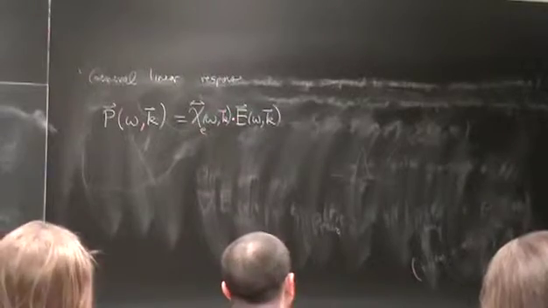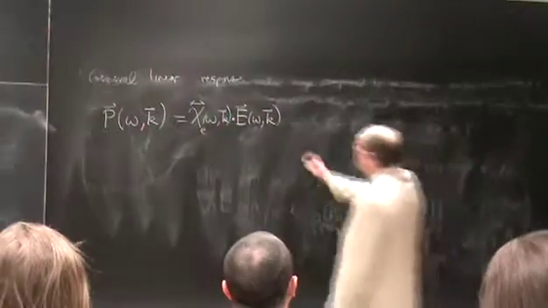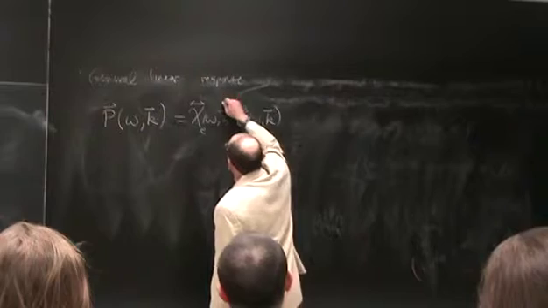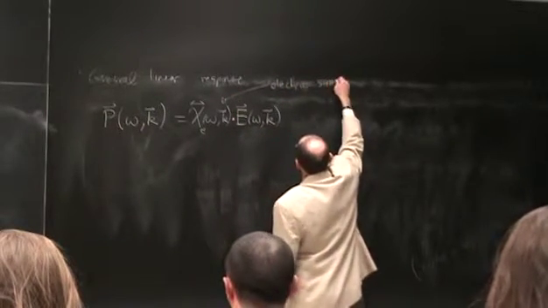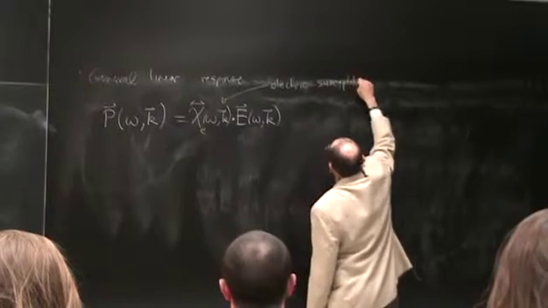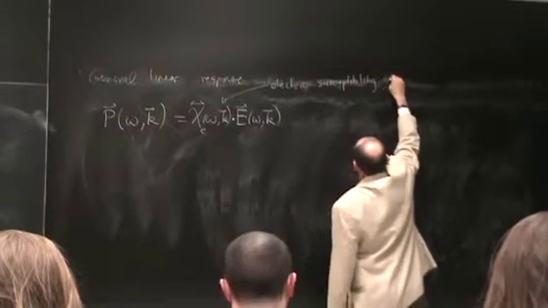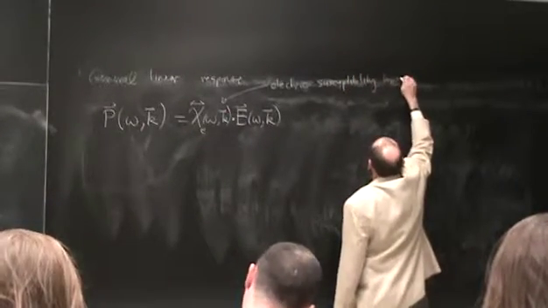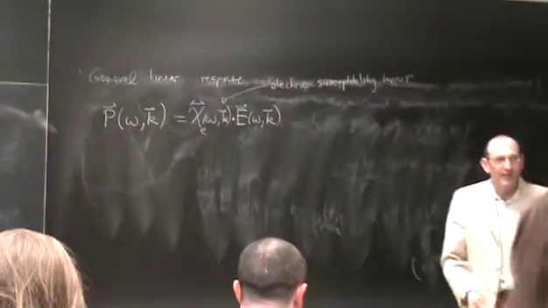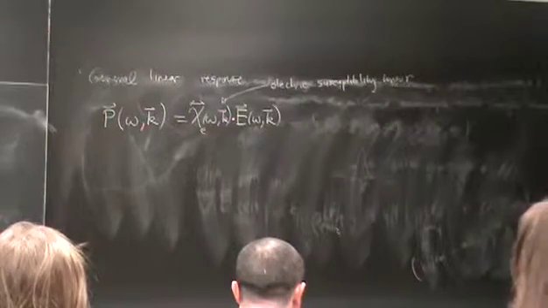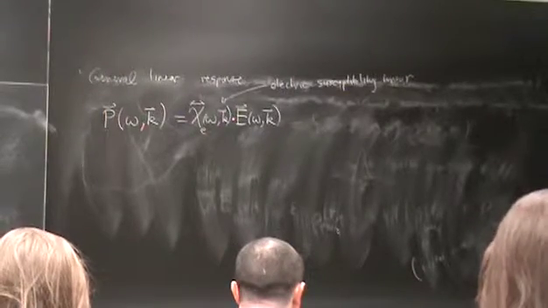So this is known as the electric susceptibility tensor. It's how susceptible the system is to being polarized given a certain field.